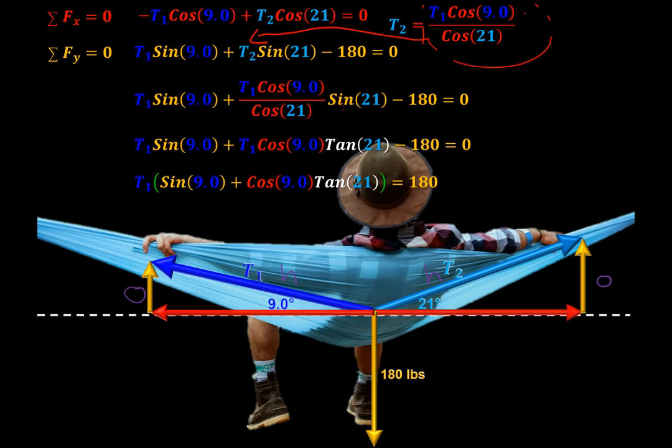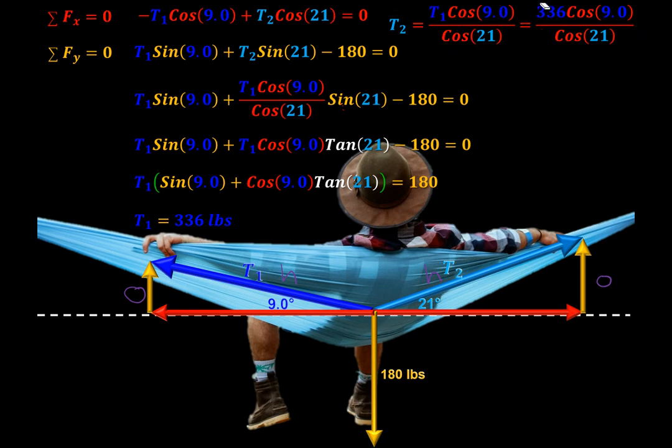I pulled out the T1, and then you just divide over sine of 9 plus cosine 9 times tangent of 21, and divide that by 180, and you get your 360. Once you get your T1, take it to your problem over here, plug it in, and you can solve for your T2.